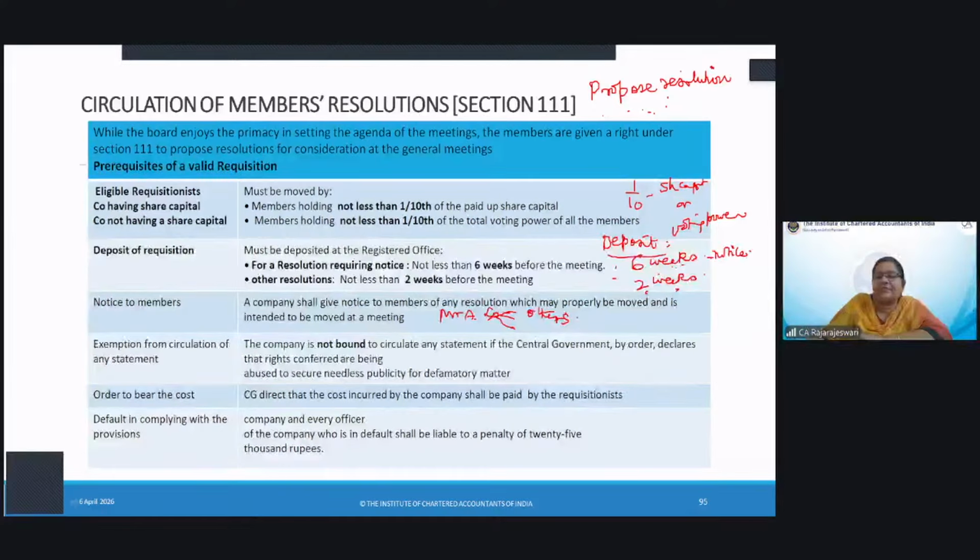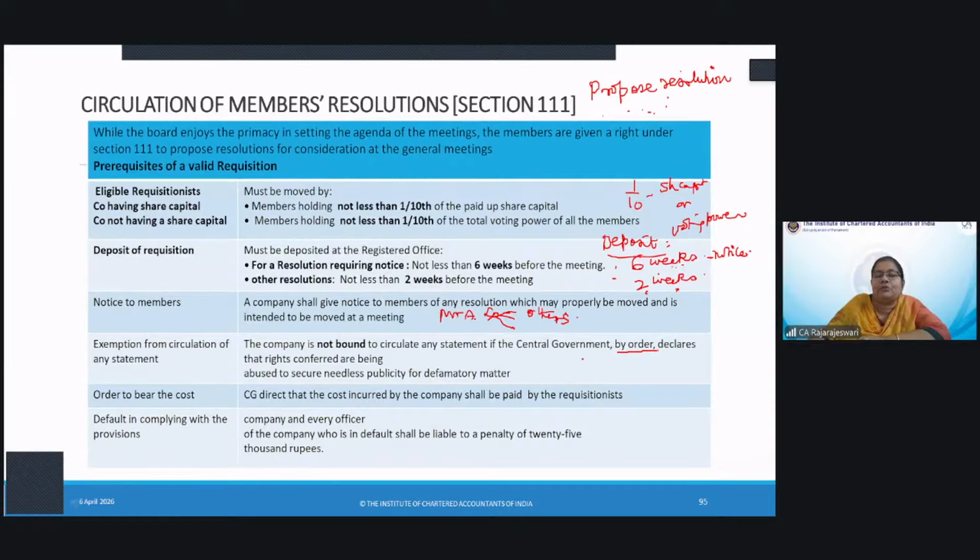So that is there. The company is not bound to circulate any statement if the central government says the rights conferred are abused, say it is unnecessary or it is only for publicity or there is any defamatory, then the central government may restrict the company from circulating that statement.